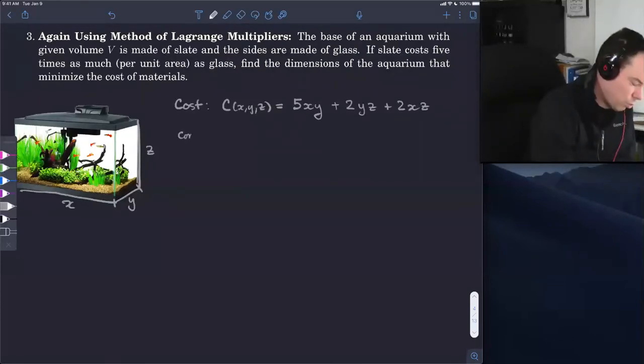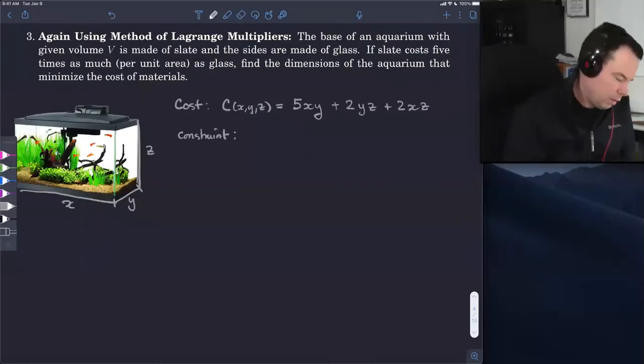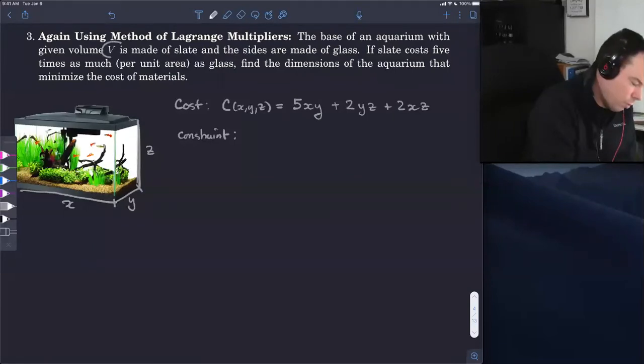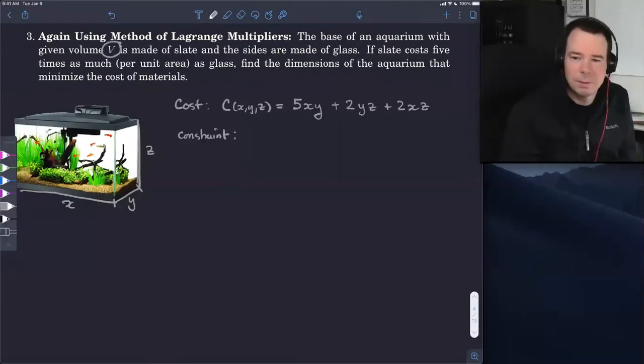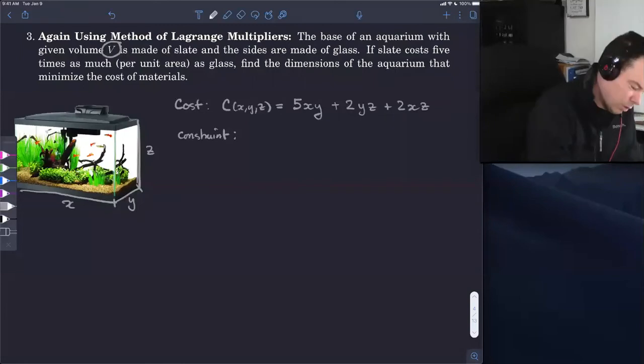What is our constraint? Well, our constraint is that we need a volume of fixed value V. So our constraint is that V is equal to xyz.